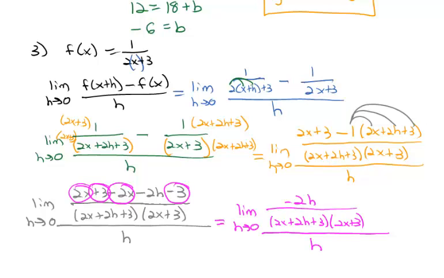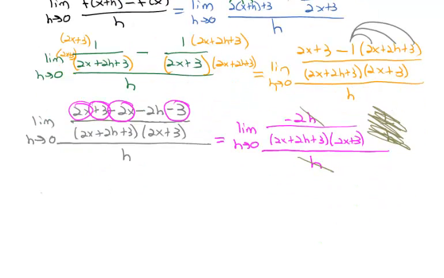And what we like here, though, is we've got an h in the denominator and an h in the numerator. Those h's can divide out. Another way to look at it is if we multiplied by the reciprocal, 1 over h, the h's would divide out. So, same thing. Either way, what we have left is the limit as h goes to 0 of negative 2 over the common denominator of 2x plus 2h plus 3 times 2x plus 3.